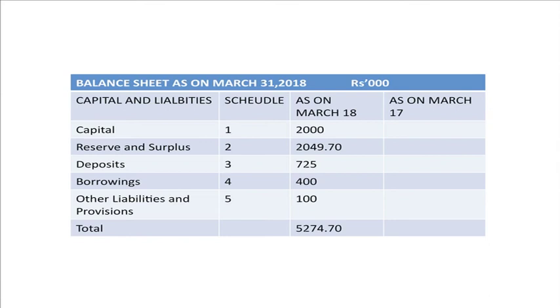Deposits, schedule 3, 725 is the total which we have already calculated in schedule 3. Borrowings 400, schedule 4, other liabilities and provisions 100. So, the total of capital and liability side is 5274.70 in thousands.